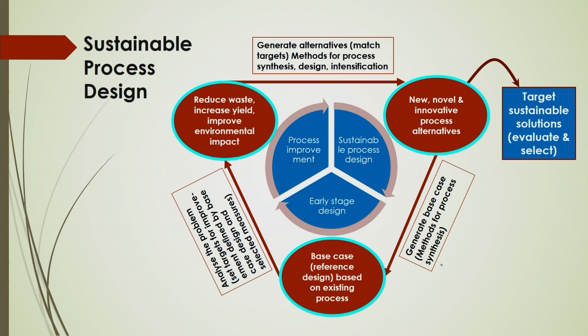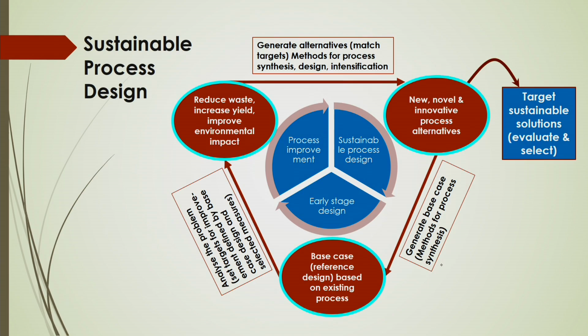Now, based on these three components you have to consider the base reference design based on the existing process. From that you can analyze the problem, where the earlier stage design is such that you are getting less yield.